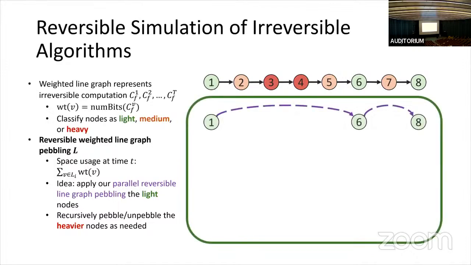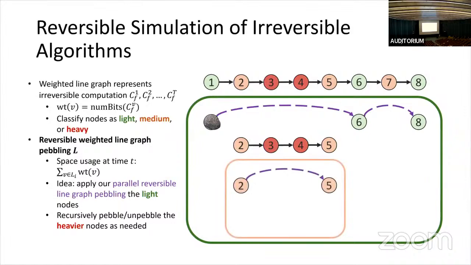Okay, so let's go through a little example. We want to pebble this graph, and so like I said, we want to pebble only the light nodes, ideally. So we place a pebble on node 1, but then we encounter a problem immediately. To pebble node 6, we have to pebble this whole line graph in between it. So we're just going to call this pebbling strategy again recursively on this subline graph.